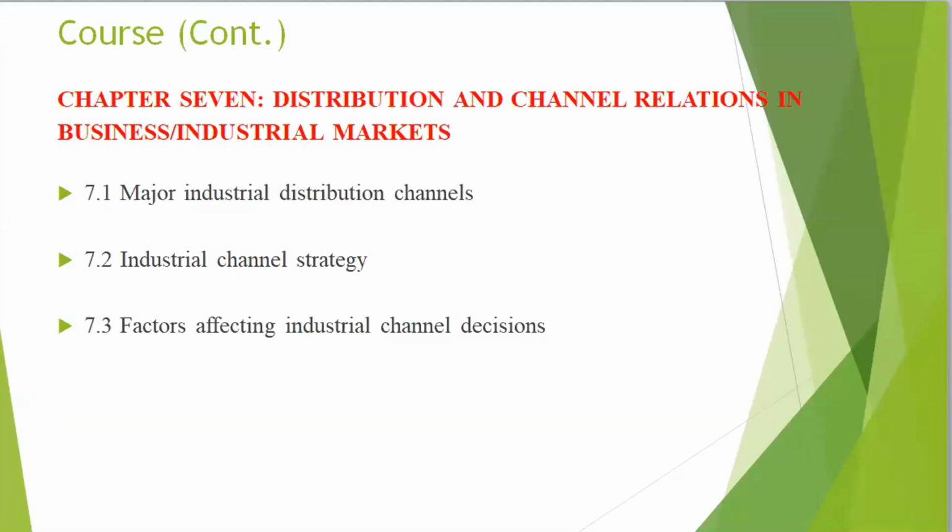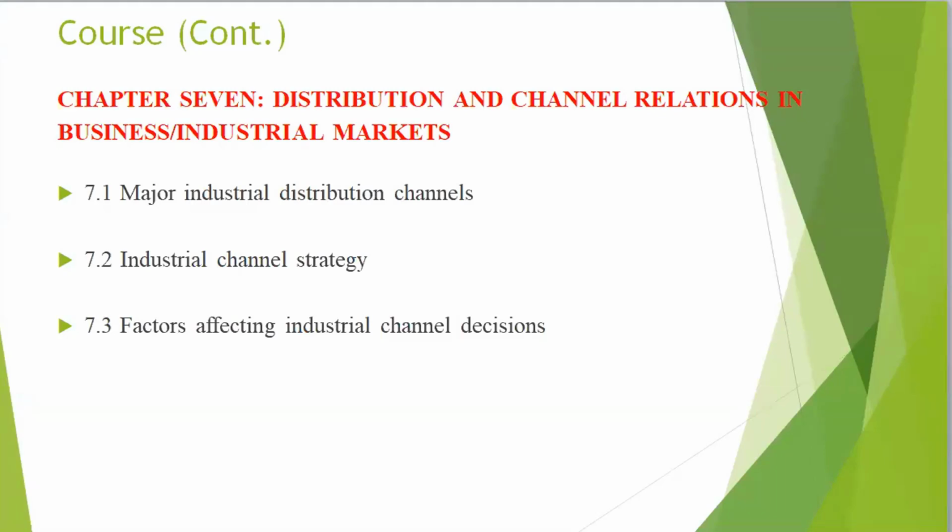Direct, simply produce and deliver to the industrial customer. Indirect, so we'll see the involvement of marketing intermediaries. Marketing intermediary: a retailer, wholesaler, or agent. Most of the time, this industrial channel could be direct or have a few involvements of distribution channel.